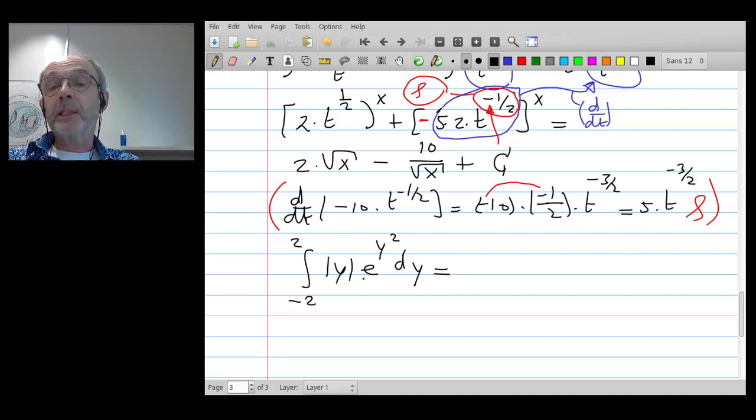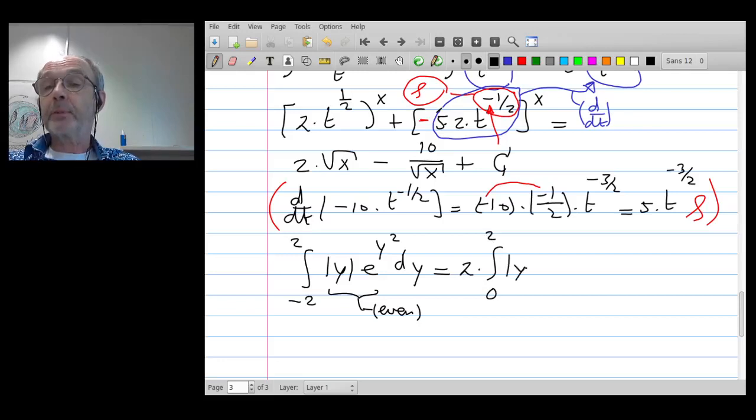Now what do you see? This function is even, and so we know that you get out of it 2 times the integral from 0 to 2, and the absolute value of y falls away because between 0 and 2 your y is positive, and you have y times e to the power y squared dy. And what do we see?